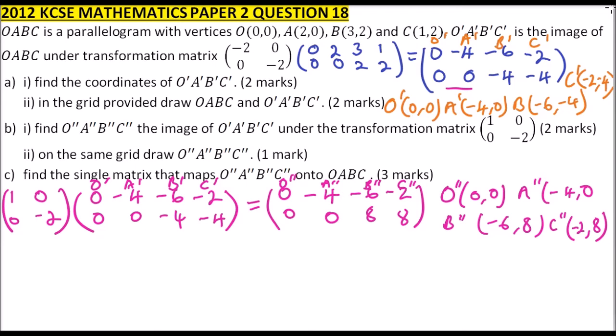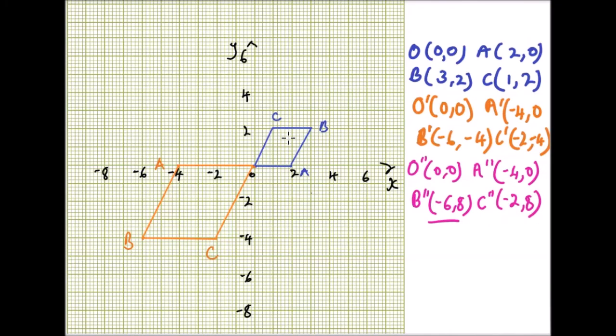So these are the coordinates of our second image. Roman number 2, we are told on the same grid to draw OABC double prime. So we are going to do that on our graph and see how it looks. So we are back to the grid. I have already inserted my coordinates of the second image, and I'm doing that just for the purpose of teaching.